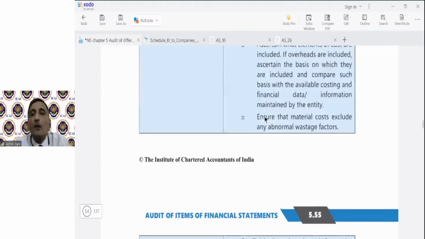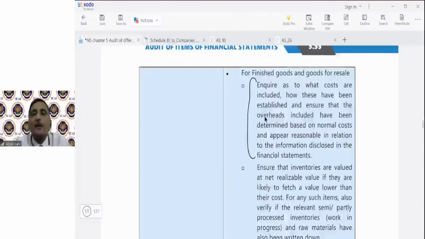It would be a next step from arriving at the cost of work in progress. Obviously cost till the work in progress stage would be lower, whereas cost of finished goods would be higher, because now at the finished goods stage, the manufactured goods have become totally finished. These are now ready for sale.